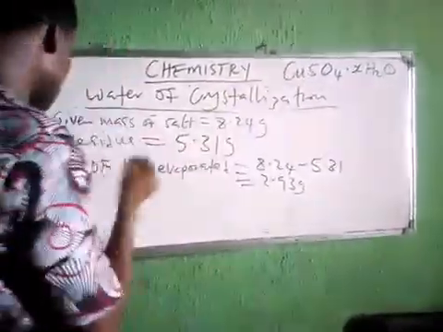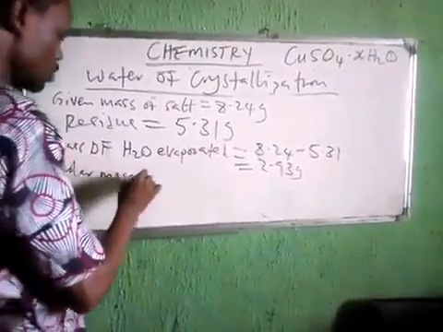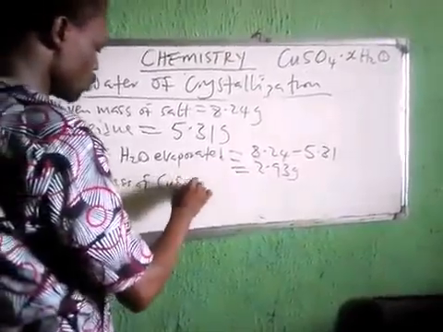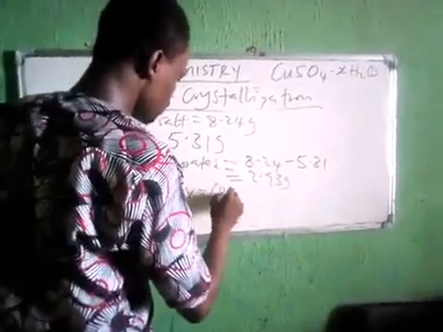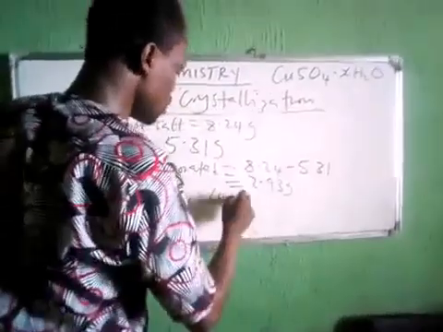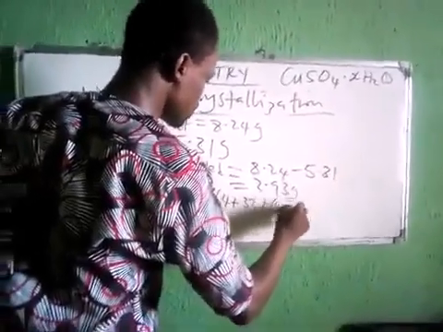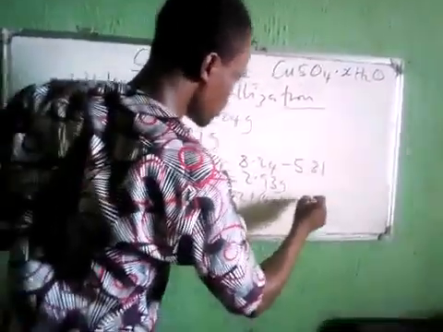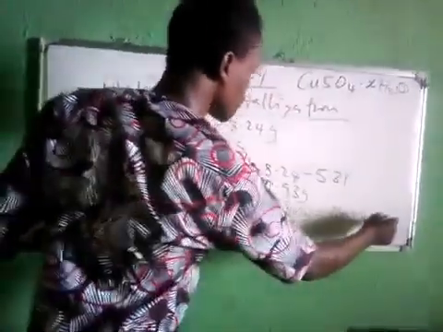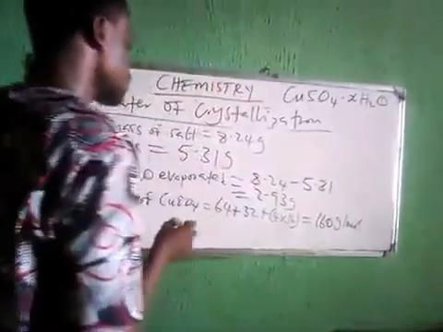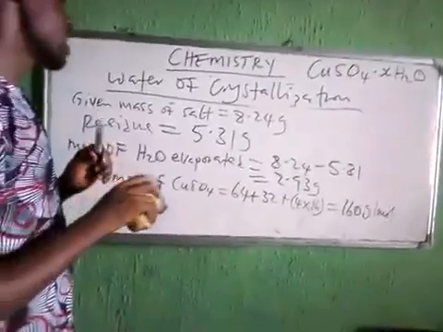So the molar mass of CuSO4 will be 64 plus 32 plus 64, which will give you 160 grams per mole. That will be the molar mass.